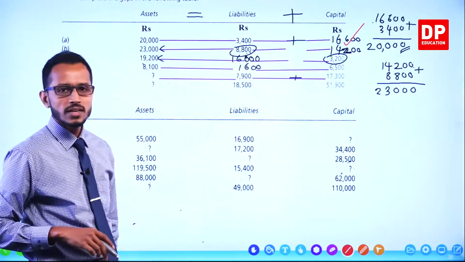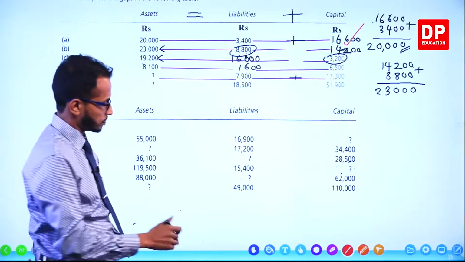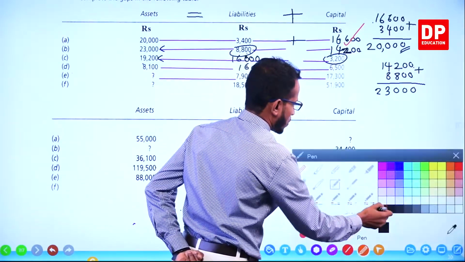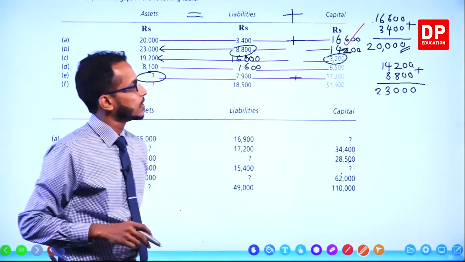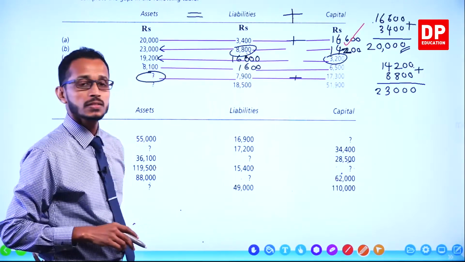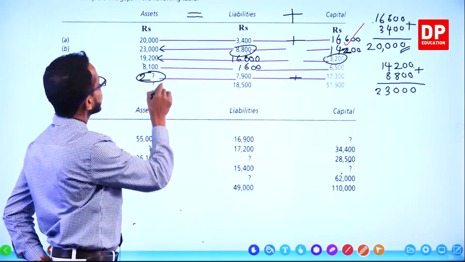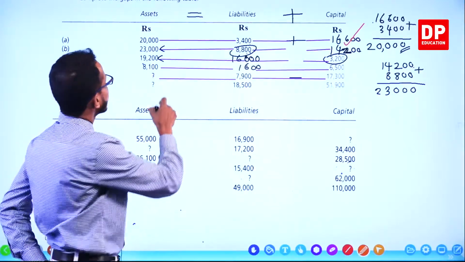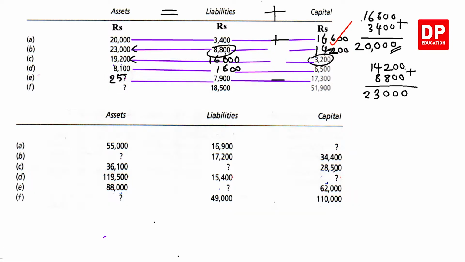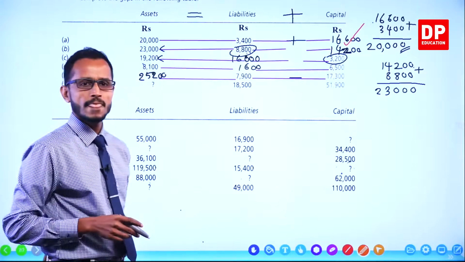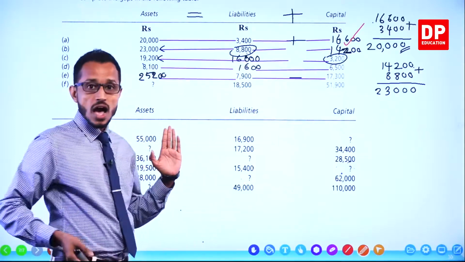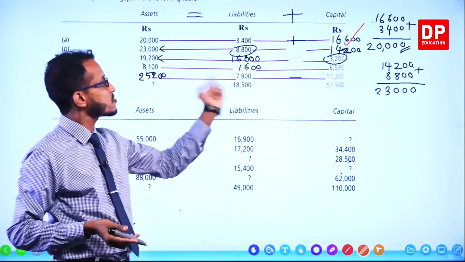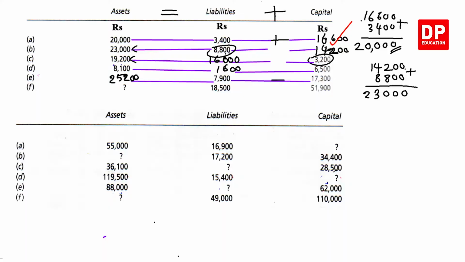The total should be here. 25,200. Easy thing, right? So likewise, you should be able to calculate or figure out how the assets are formed with liabilities and capital.